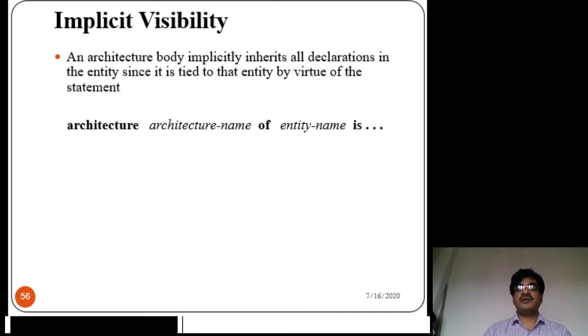So this type of visibility is called implicit visibility. Then explicit visibility means one design unit's declarations can be visible to other design units. For example, if you want to share your declarations, first of all you have to place all those declarations in the package declarations and package bodies.